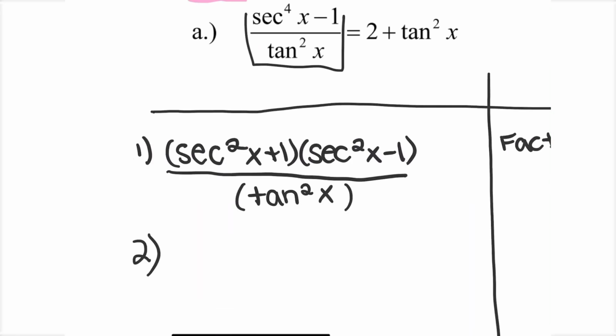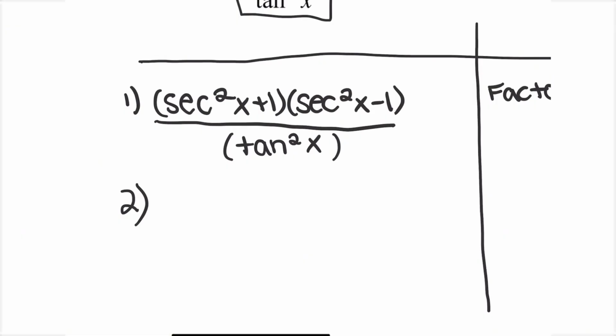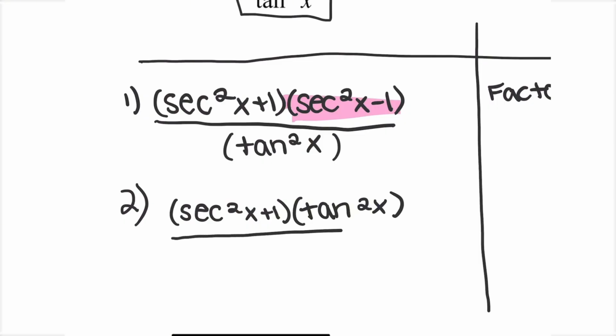So, since this secant squared x minus 1 is equal to tan squared x, we can do secant squared x plus 1 times tan squared x all over tan squared x. Okay.